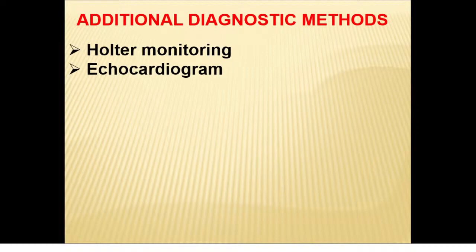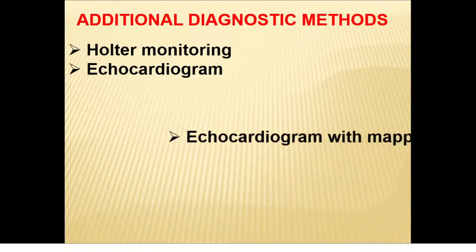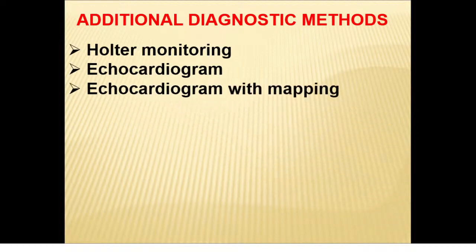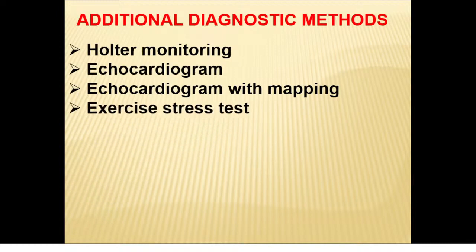Echocardiogram, as I said, is widely used for diagnosis of heart pathology. Sometimes we can send our patient on echocardiogram with mapping to reveal functional activity of the heart and clear heart failure.